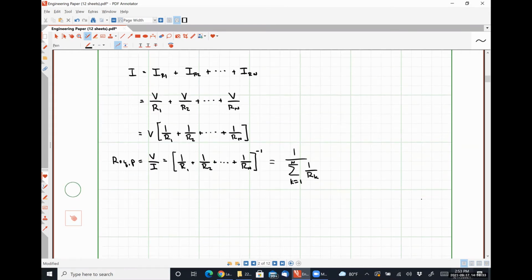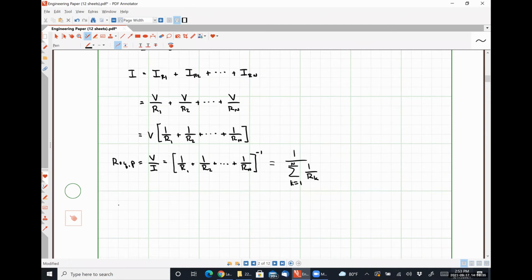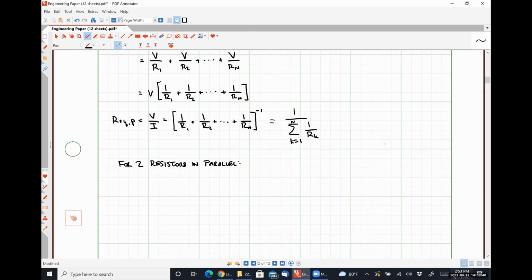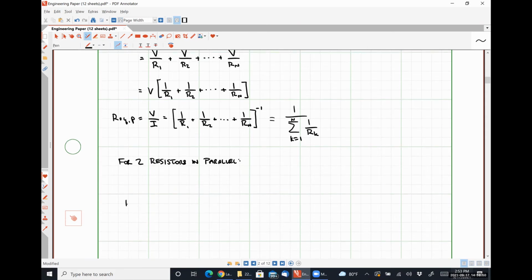So if I have 2 resistors in parallel, that means my equivalent resistance, REQ, is going to be 1 over 1 over R1 plus 1 over R2, right?